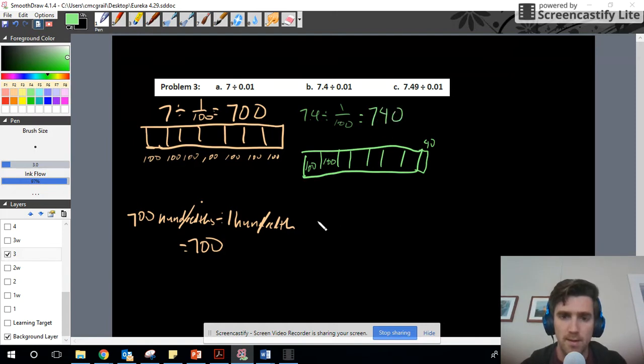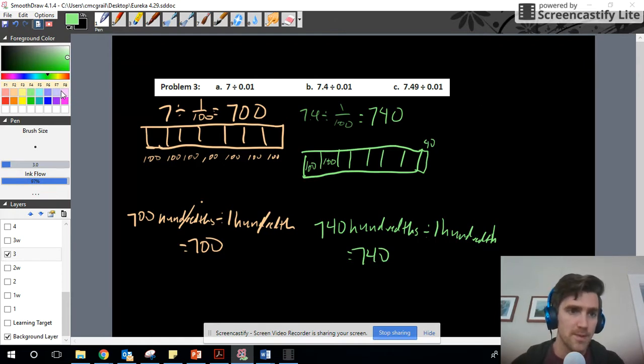The other way of looking at it is I have 740 hundredths divided by 1/100th. And my answer would be 740. Problem C, let's see what you can do. 7 and 49 hundredths divided by 1/100th.